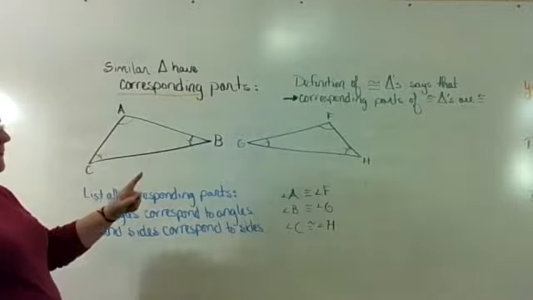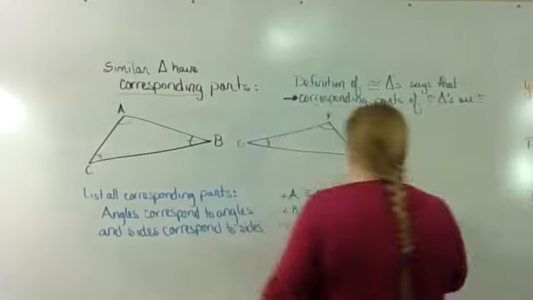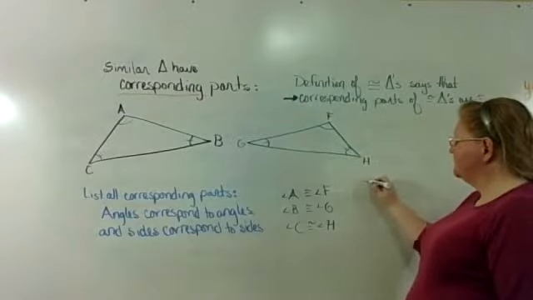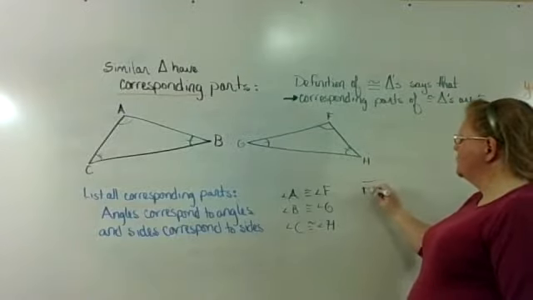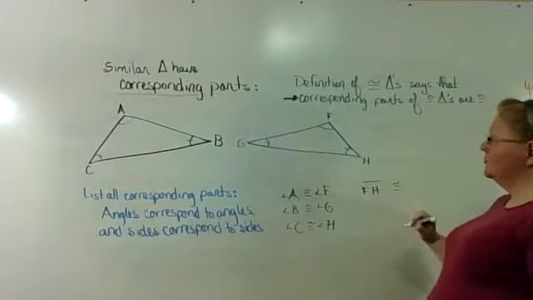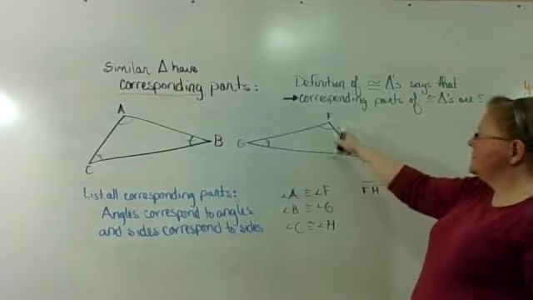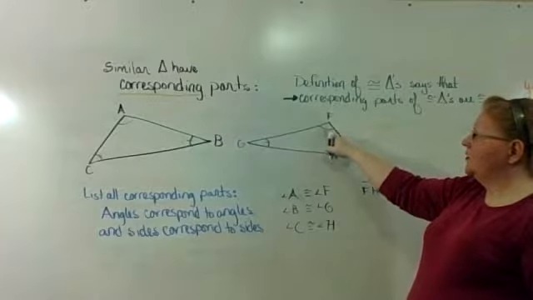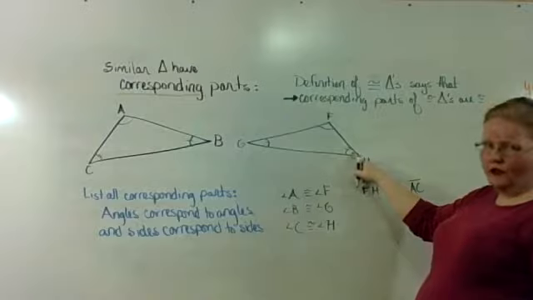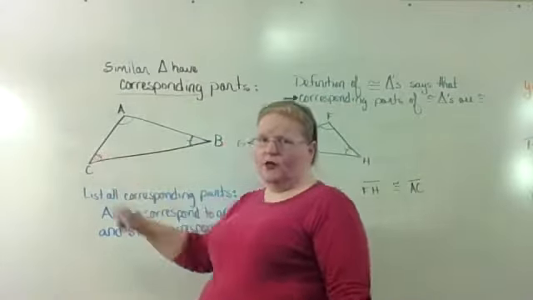So if I have that, then I also have to talk about the lines in between them. So that would mean that FH is congruent to AC, because if I'm starting at the angle that has no line and I go to the angle that has two lines, over here I have to start at the one that has no line and go to the one that has two lines.